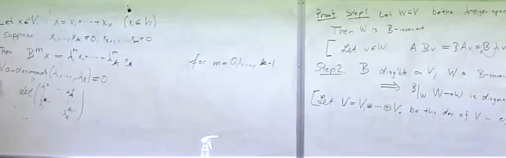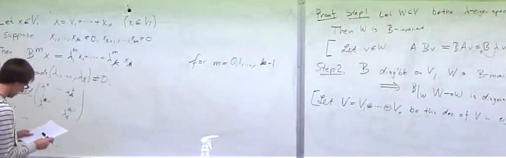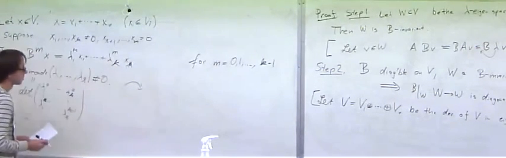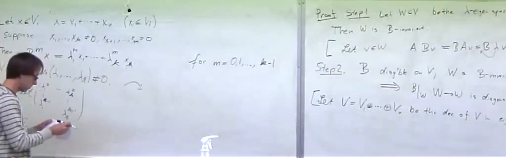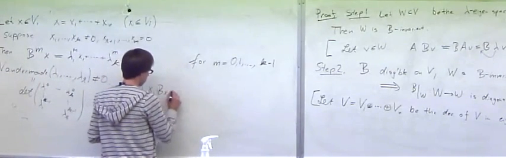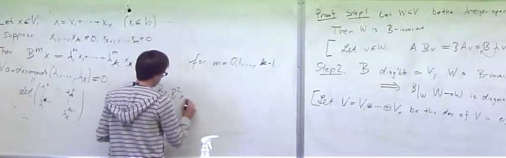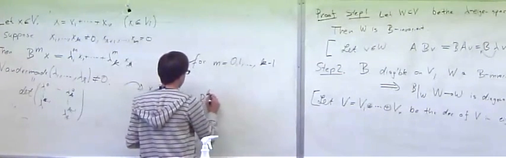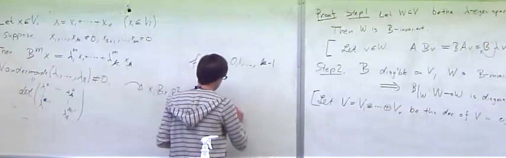This is non-zero, and from this I can conclude that x, Bx, B squared x, and so on up to B^(k-1) x are linearly independent.